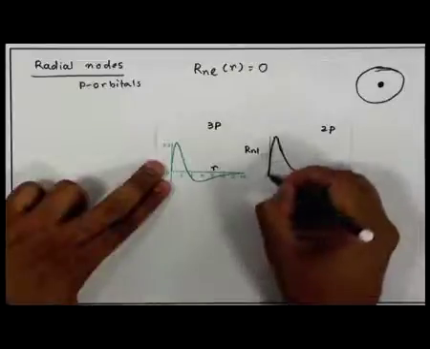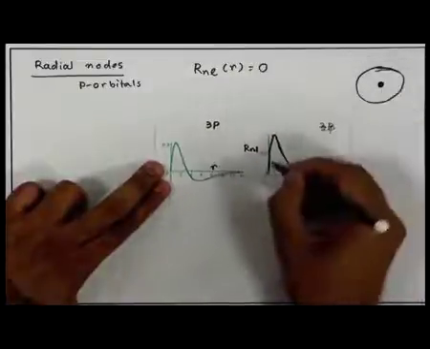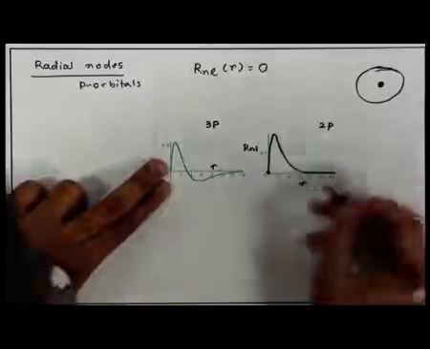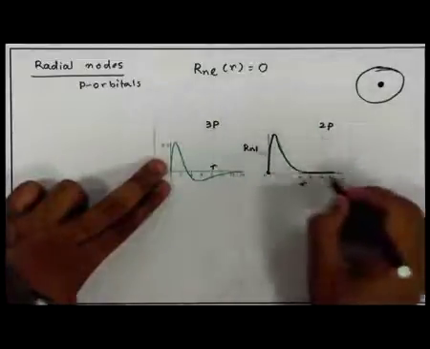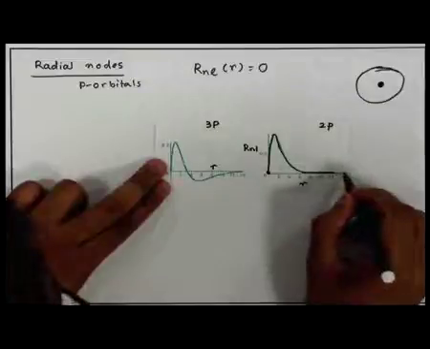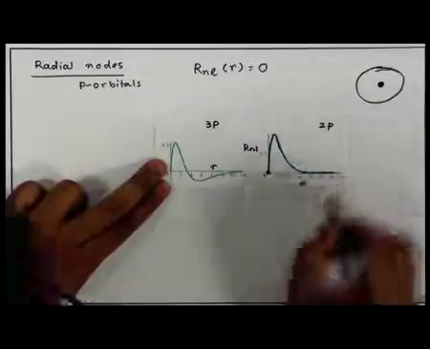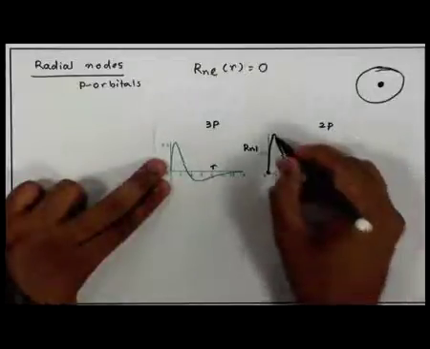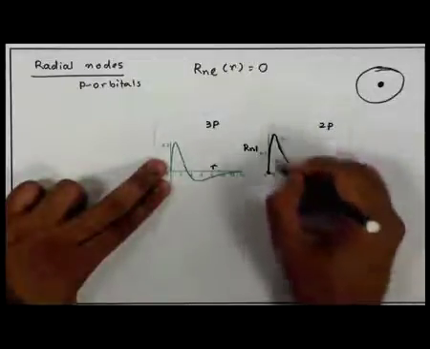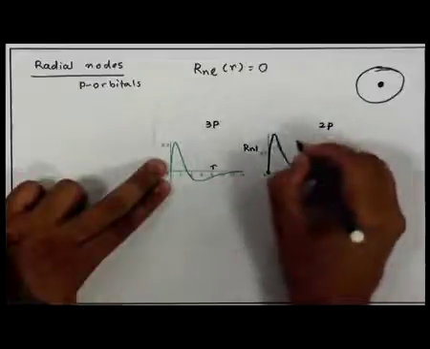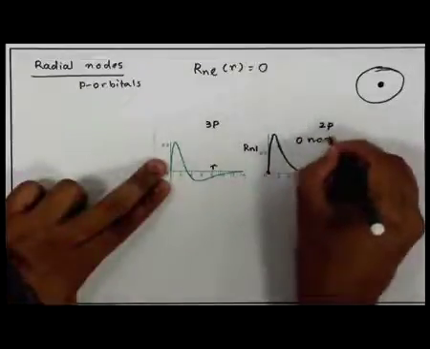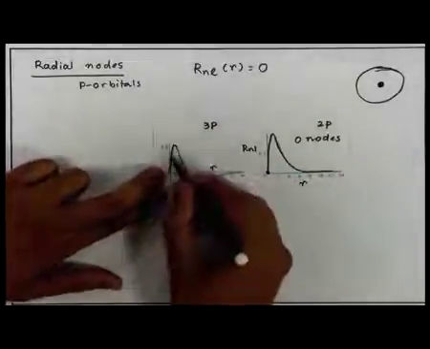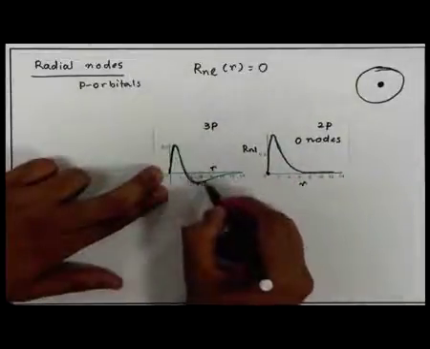So, this is not a node, this is actually a result from one limit when r goes to 0, and again similarly at very large value of r, this asymptotically goes to 0. So, in this case you see the radial part of the wave function has no nodes. So, this has got 0 nodes.